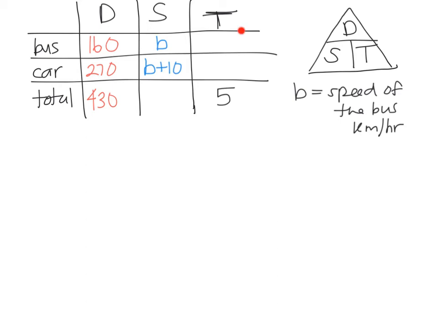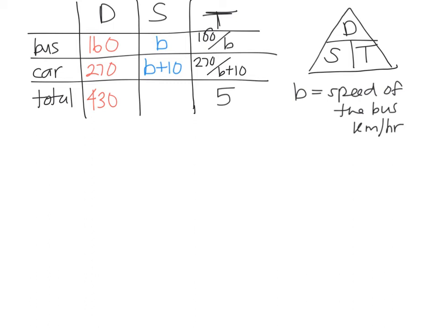So our time on the bus is going to be the distance, 160, divided by our speed, which is B. And our time in the car is the car's distance, 270, divided by its speed, B plus 10.